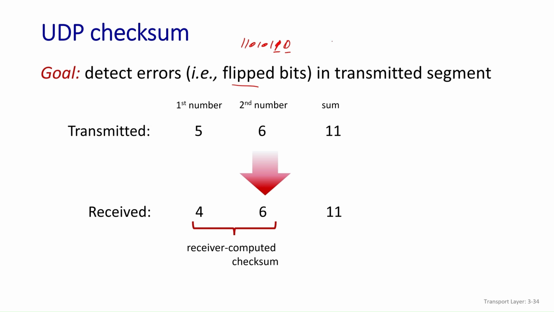So if we talk about any error detection mechanism, what we do is we take the data bits, right? For example, these are the data bits. We take the data bits, and using the data bits, we calculate some redundant bits known as EDC bits, error detection and correction bits.